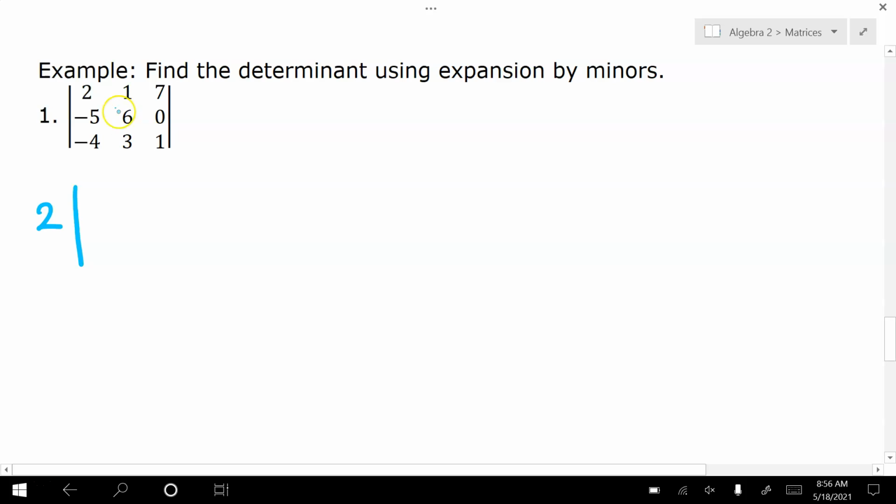So that's like the bottom right corner: 6, 0, 3, 1. Then we have a minus sign. Then we have the A2 term, which is the number right underneath that 2, which is that -5.